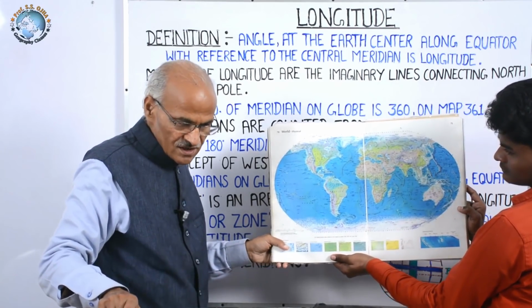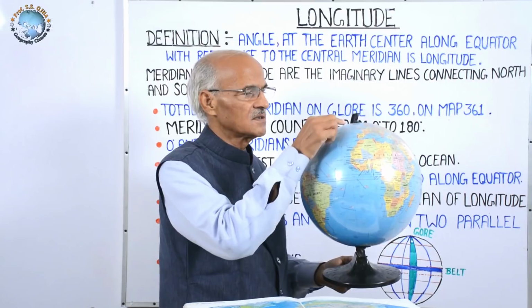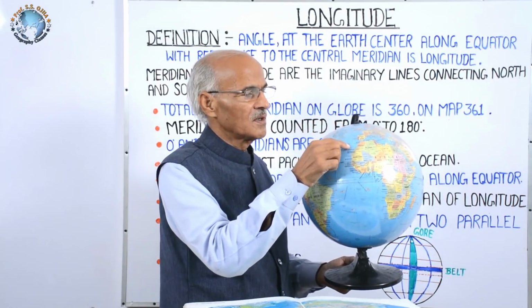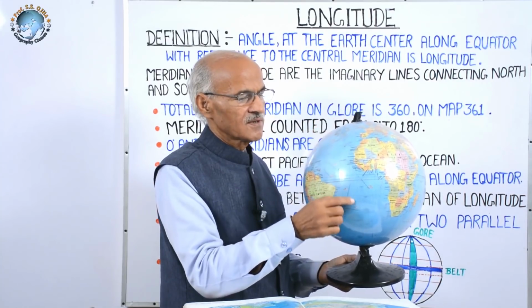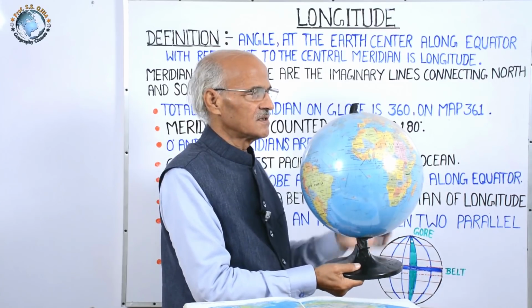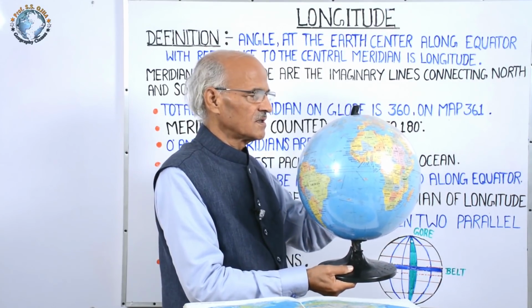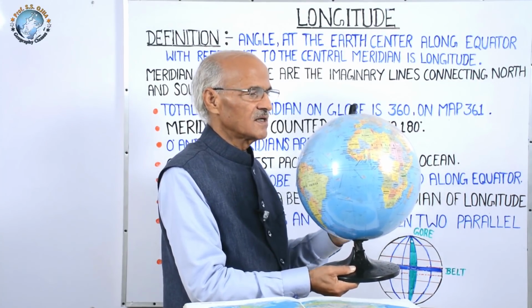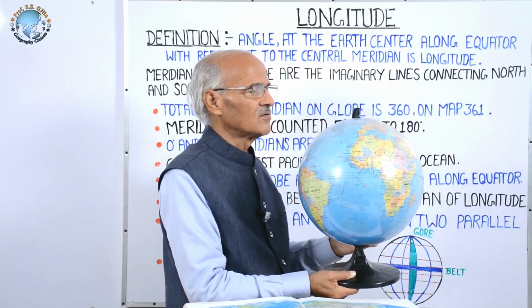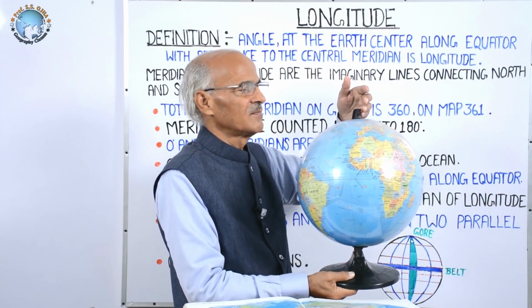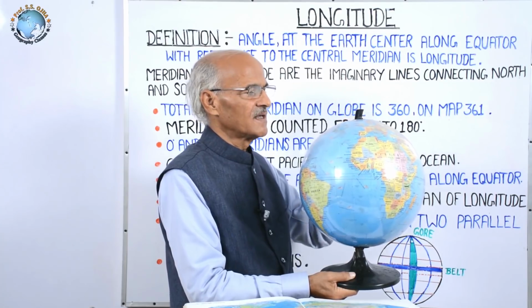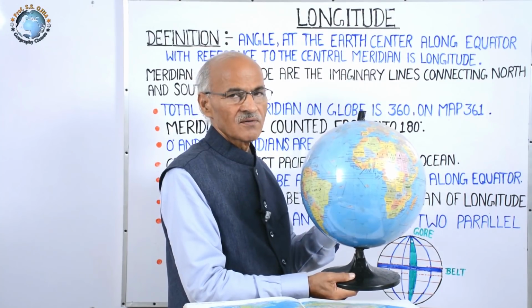To understand it on this three-dimensional globe, it is the 0 degree meridian of longitude, and just its opposite is the 180 degree meridian of longitude, and the 180 degree meridian nearly passes through water body.